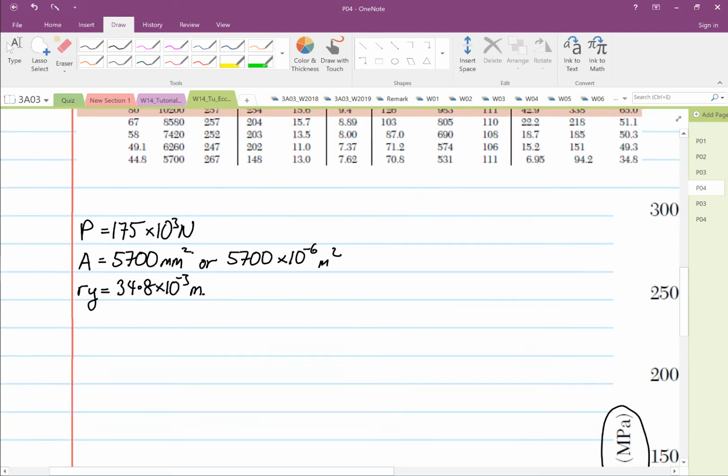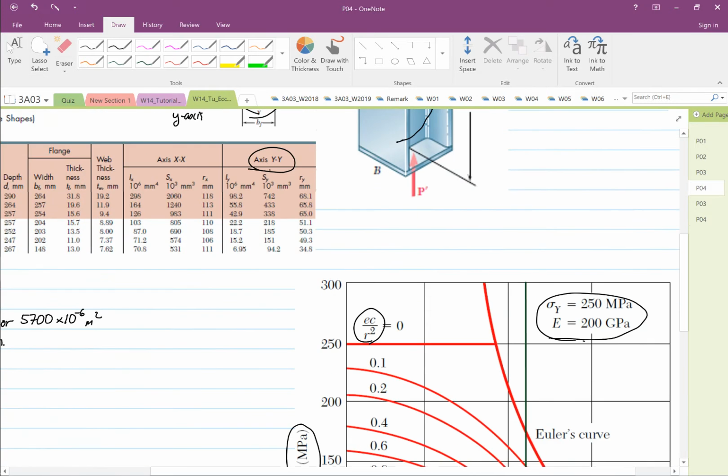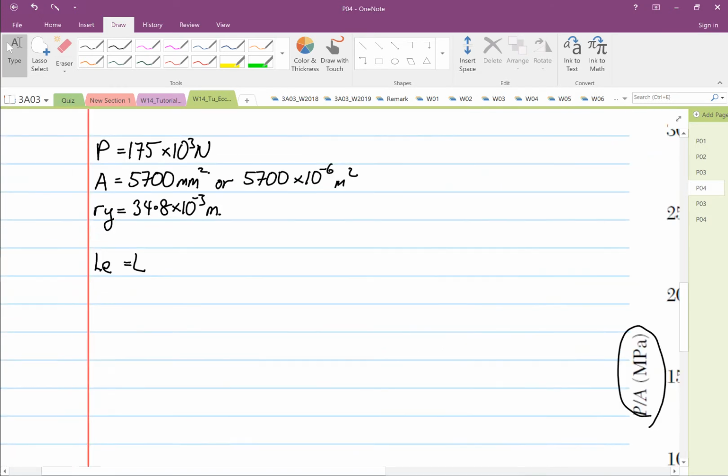So Le over L, or our effective length, is equal to L. Why? If you look at our structure over here, both ends are pinned. And from here, we know that Le is equal to 3.8 meters.